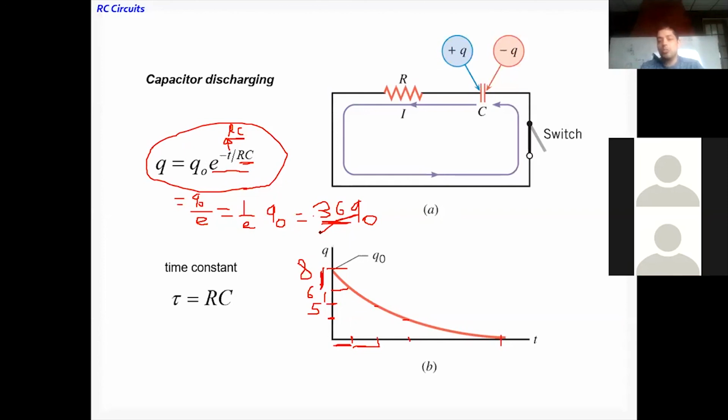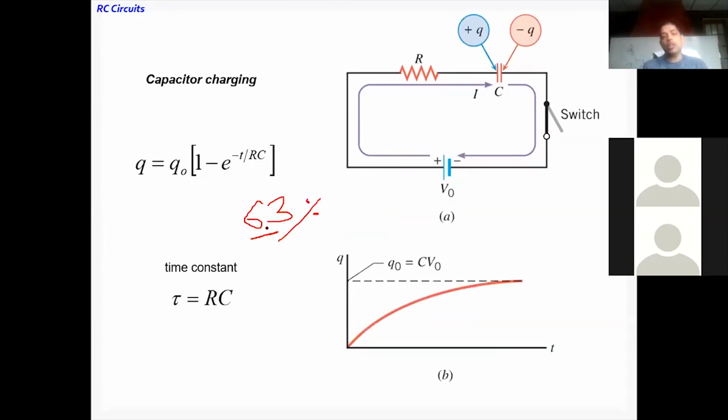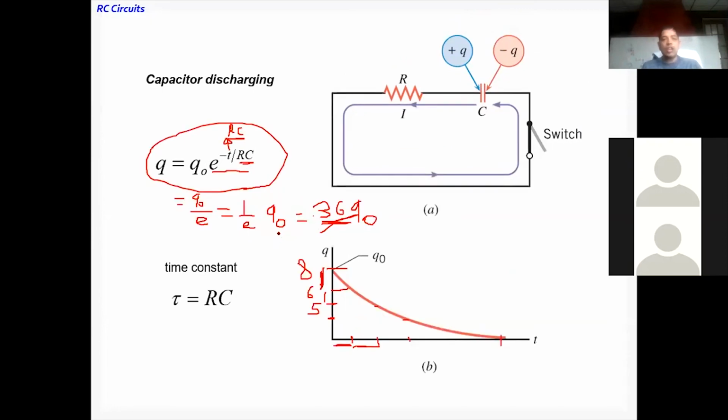It's amazing, right? So during the time equals RC, 63% will be charged. During the same time, RC, 36% will be discharged.